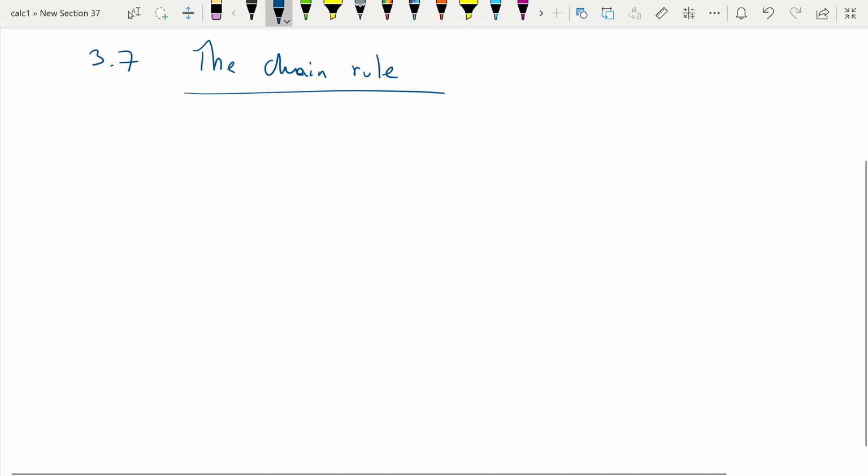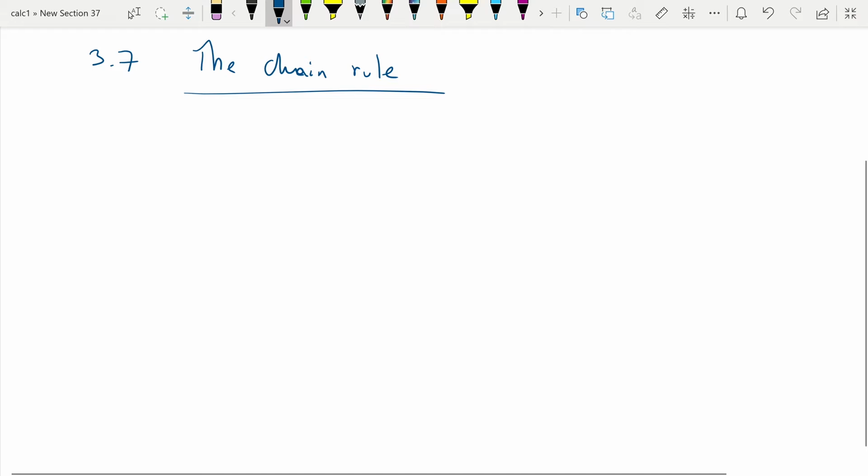And also, now that we know the derivative of sine and cosine, tan and cotan, we'll be able to derive the formulas for the derivatives of arc sine, arc cosine, etc.